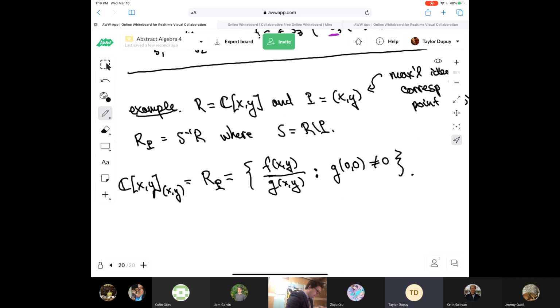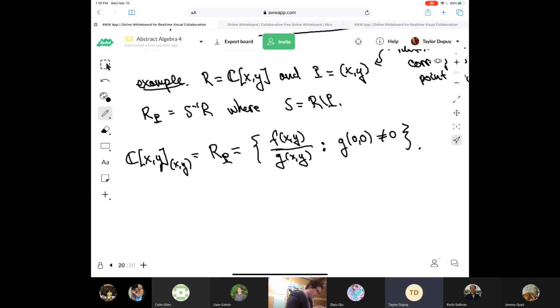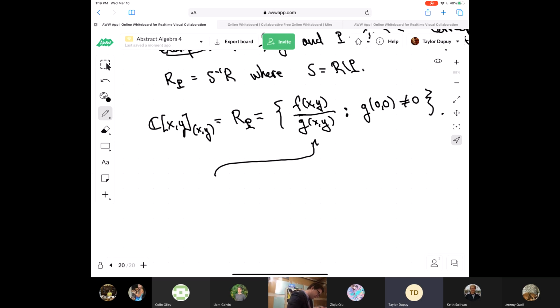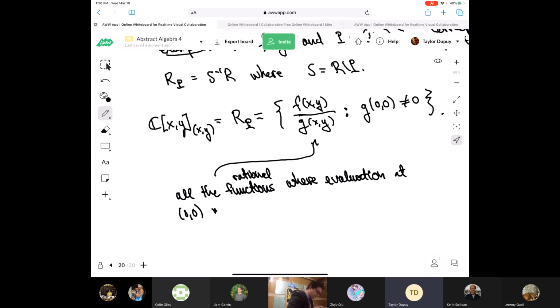So these are all the functions, rational functions, where evaluation at (0,0) makes sense.